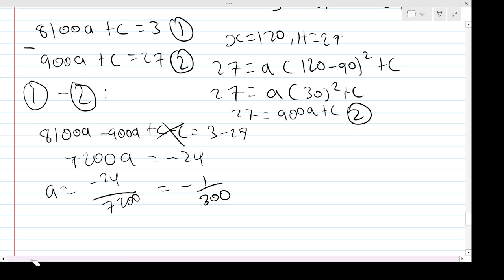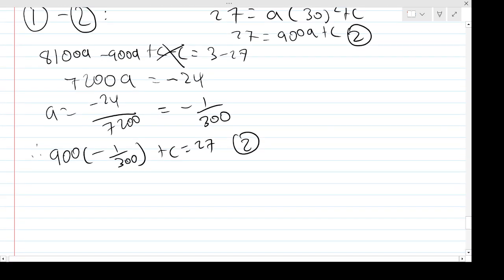So 900 lots of minus 1 over 300 for a, plus c is equal to 27. That's equation 2, remember. 900 times minus 1 over 300 is minus 3, plus c is 27. Hopefully then c is going to be plus 30.